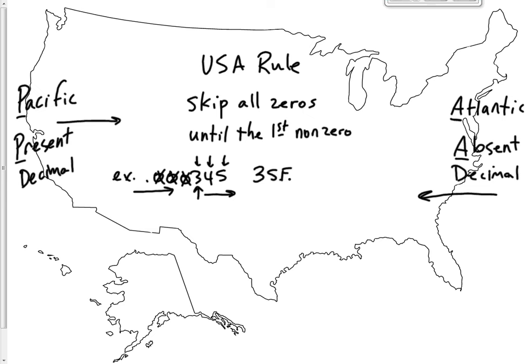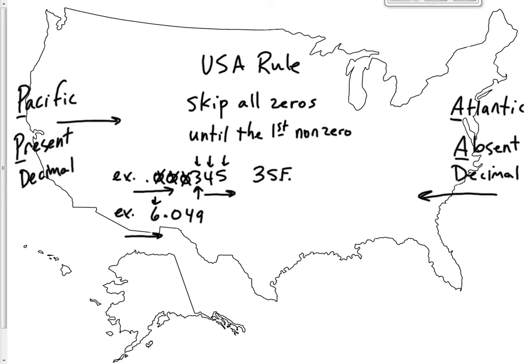Okay, let's look at another one. Let's say we have 6.049. We have a decimal present. We're going to start on the left and work our way to the right. So our first non-zero is 6.